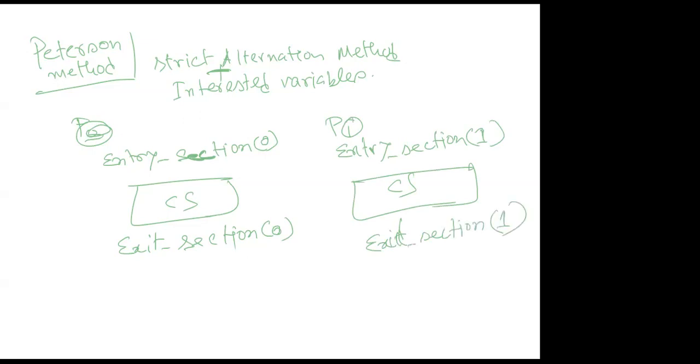These are the two functions. Instead of writing the lines of entry section or exit section directly, here it actually calls a function, sending the process number as a parameter. Now let's check how the entry section and exit section work.